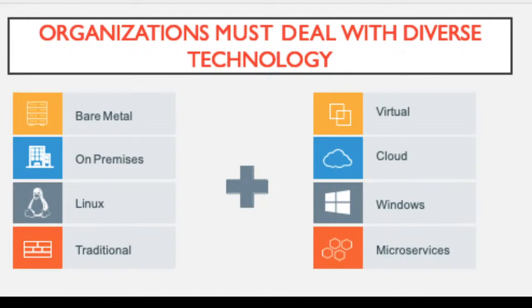When you look at it, organizations need to deal with diverse technology. For instance, bare metal, on premises, where the operating system might be Linux. It could even be on a cloud, it could be Windows. You would probably be using some kind of traditional technology, or you would be using microservices.